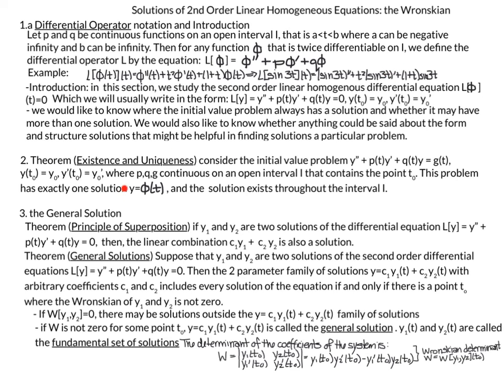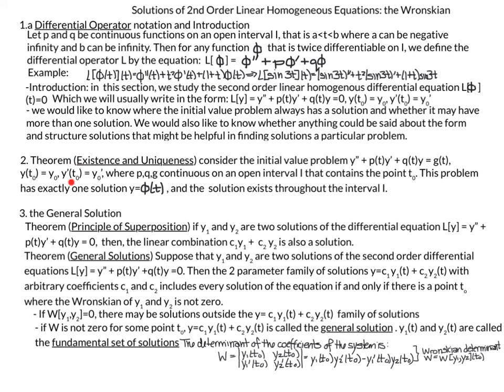We looked at the existence and uniqueness theorem for a second order linear equation, which is y double prime plus p(t)y prime plus q(t)y equals g(t). It looked very similar to the theorem for first order linear equations, but we also have initial values: y(t naught) is equal to y naught, and y prime of t naught is equal to y naught prime.